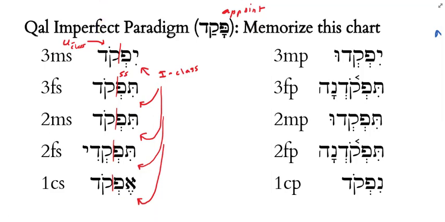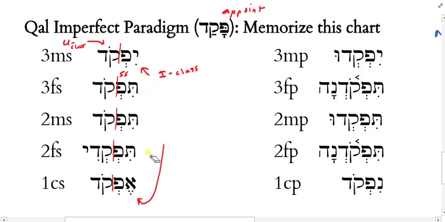2FS. Here's where it gets a little interesting. Let me go ahead and get rid of these. I'm going to add a Kirik Yod to my root 3 letter. What you want to do is start with your basic pattern Yifkod and keep those vowel points. When we switch it out to the tav, it would have been Tifkod, but now I have to add the Kirik Yod to it.